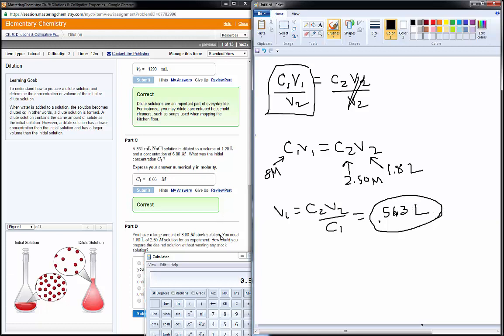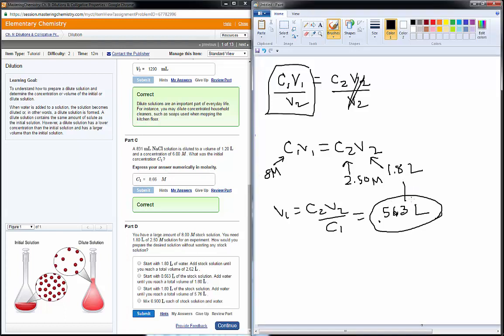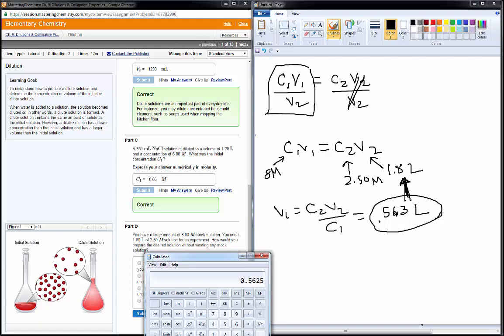So how do I make that solution? Well, I'm going to start here. That's my initial volume, and this is my final volume. So I need to go from 0.563 to 1.8. I wouldn't just take this and add 1.8 because then I'd have more total volume than 1.8. So I only need to add the difference, right? If this is my initial volume and that's my final volume, then what I added was the difference.